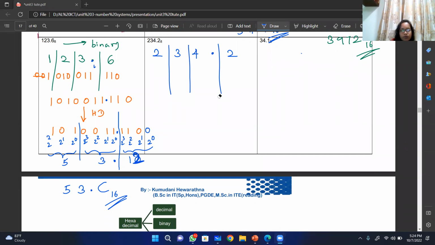Gauravi has taken this answer, 9C.4. Let's check with some others as well.